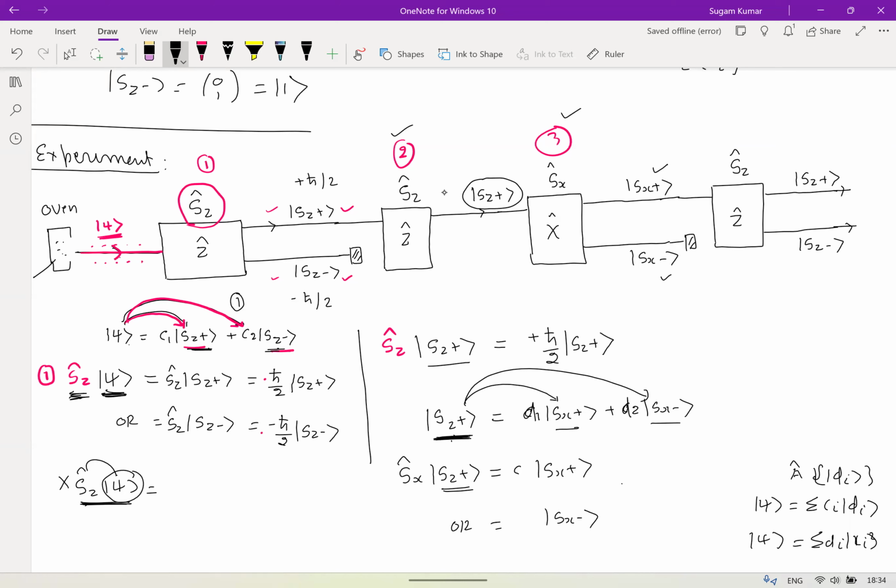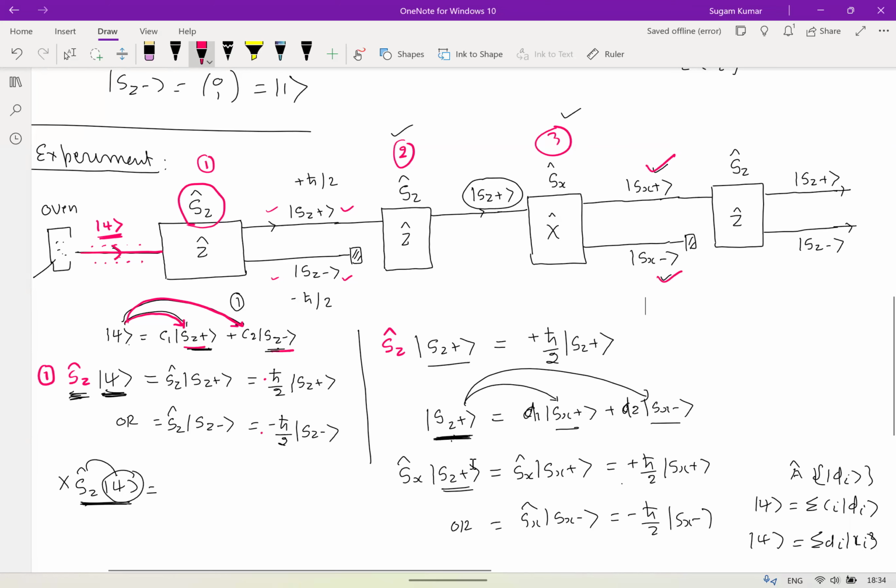It means now this Sx is going to operate on this, then you will get plus h cut by 2 and Sx plus. And when it is operating here, you're going to get minus h cut by 2 and Sx negative. So you can see you're going to get Sx plus, Sx negative. So two beams are again going to appear at the output.